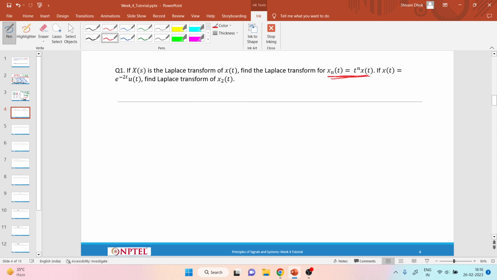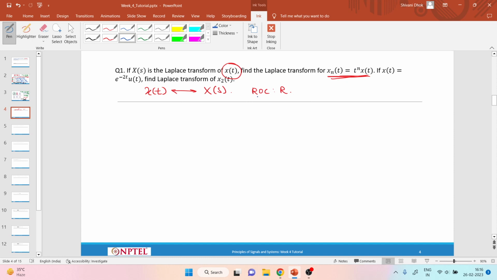x_n(t), which is given as t^n x(t), and let's say this x(t) has a Laplace transform X(s). Let's say its ROC is given by some region R. We don't care about it, whatever the ROC, because multiplication by t won't change my region of convergence.